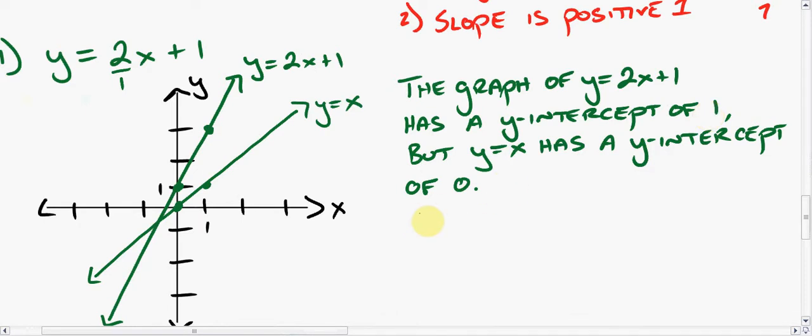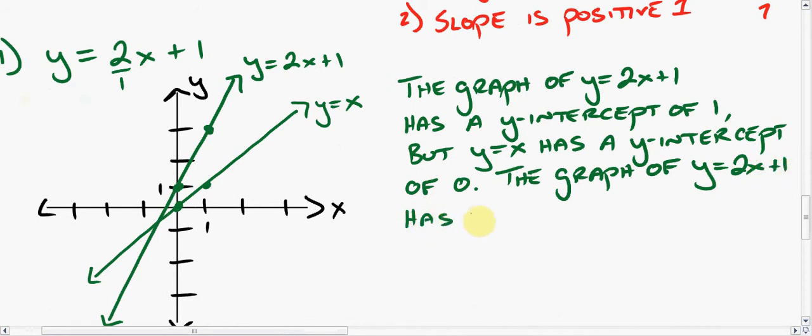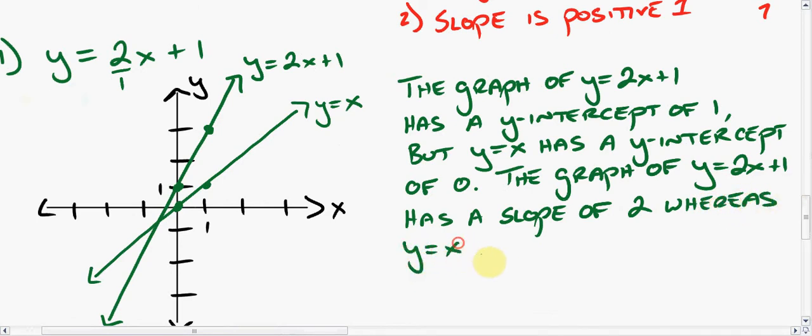Again, we can say the graph of y equals 2x plus 1 has a slope of what? What's the slope? We said 2. It's a slope of 2, whereas y equals x has a slope of 1.